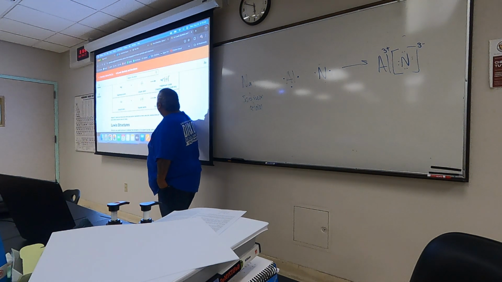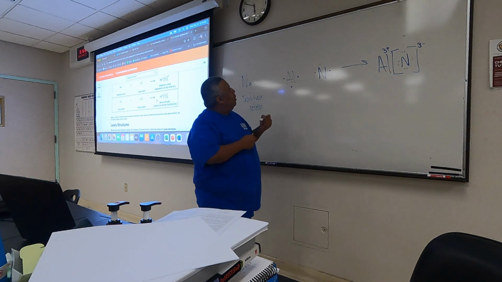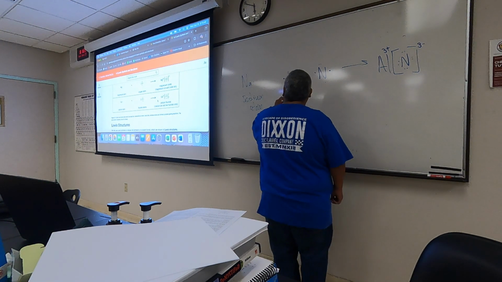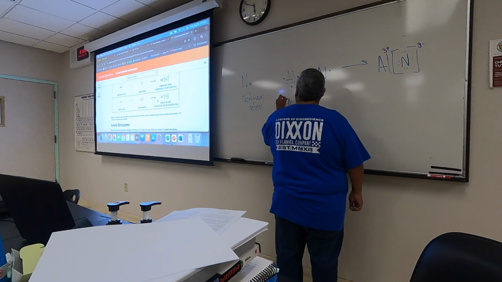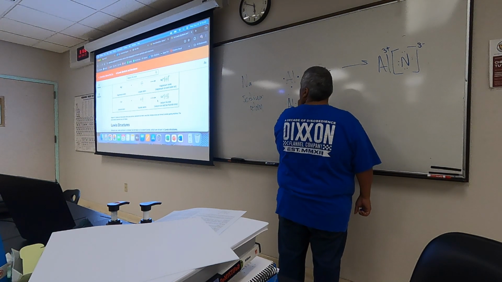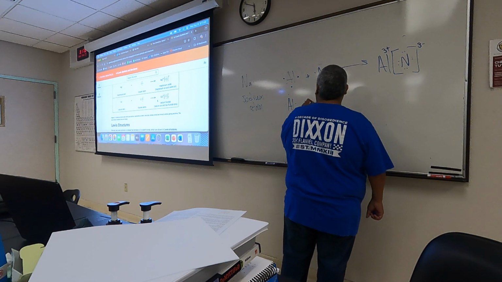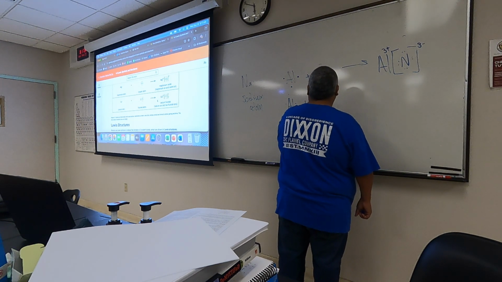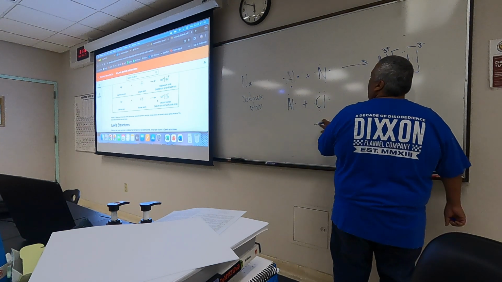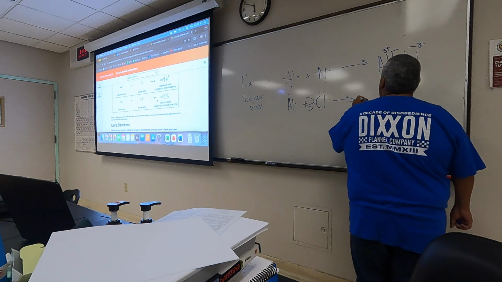If we do happen to have more than one, we're just going to put that subscript on the outside of that. So let's take aluminum again. Here's aluminum. This time, how about we add chlorine to this? We need 3 of these here, so let's put a 3 in front of here for 3 of those.